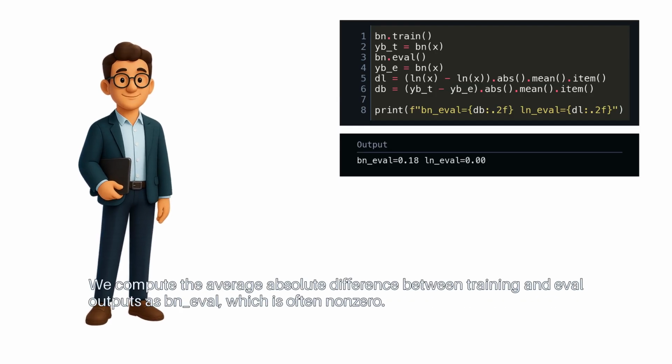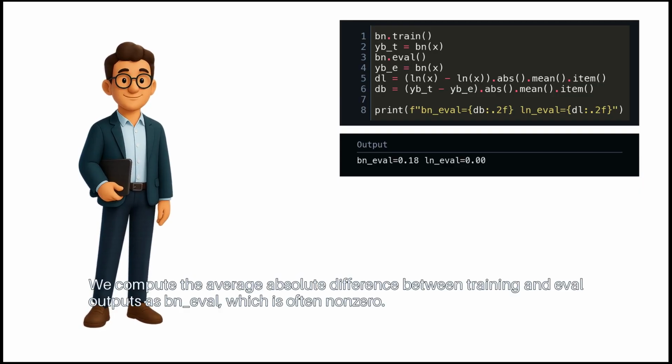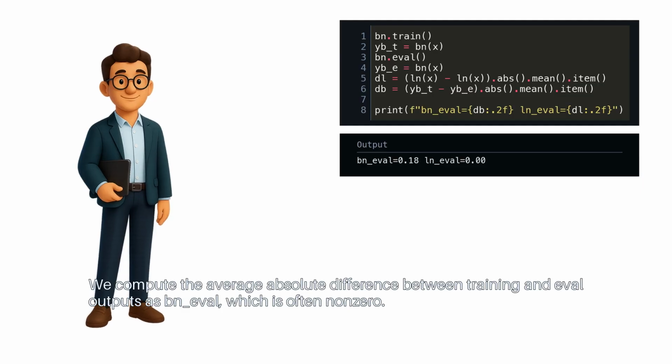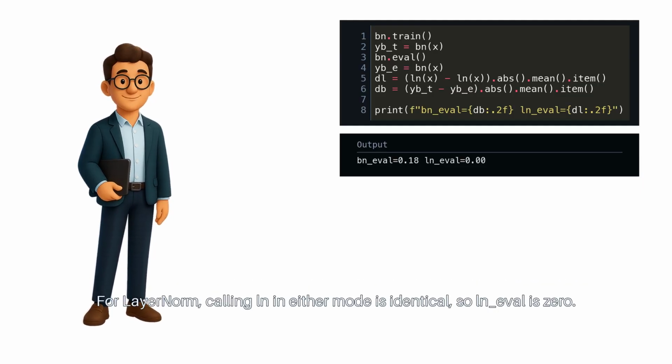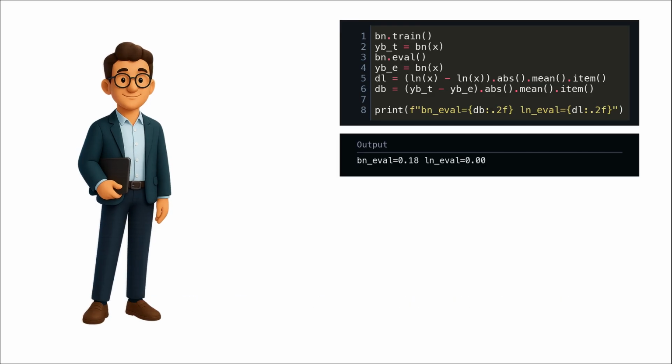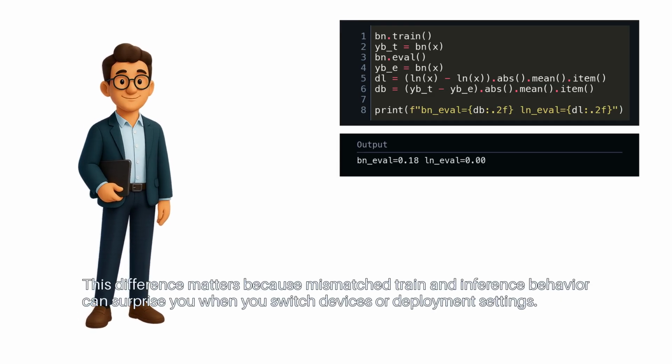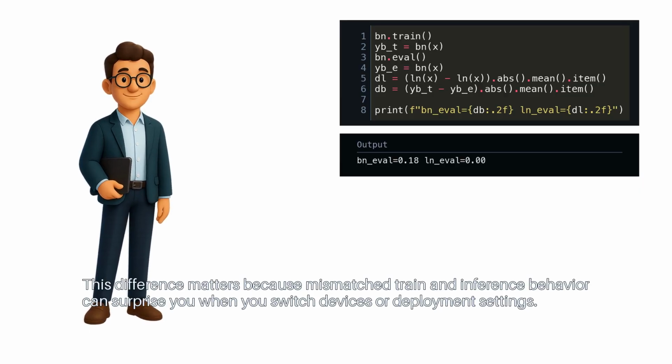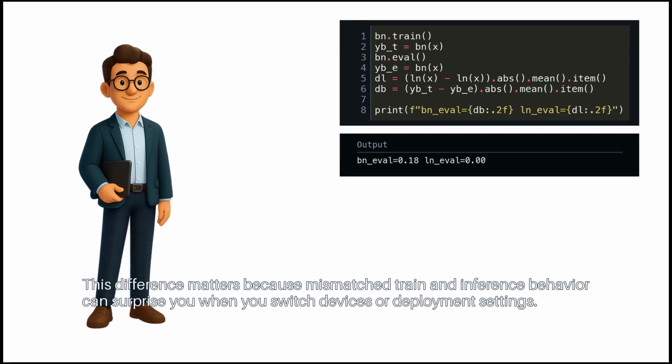We compute the average absolute difference between training and eval outputs as Bn eval, which is often non-zero. For LayerNorm, calling Ln in either mode is identical, so Ln eval is 0. This difference matters because mismatched train and inference behavior can surprise you when you switch devices or deployment settings.